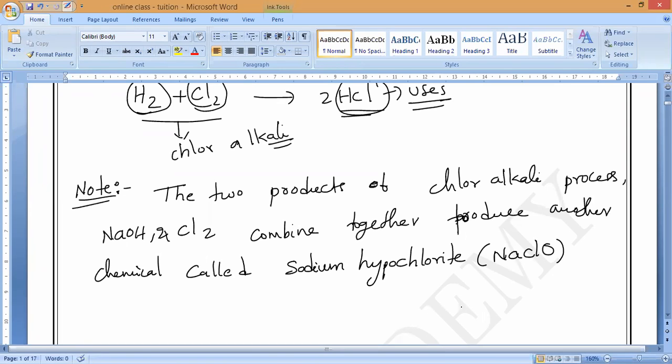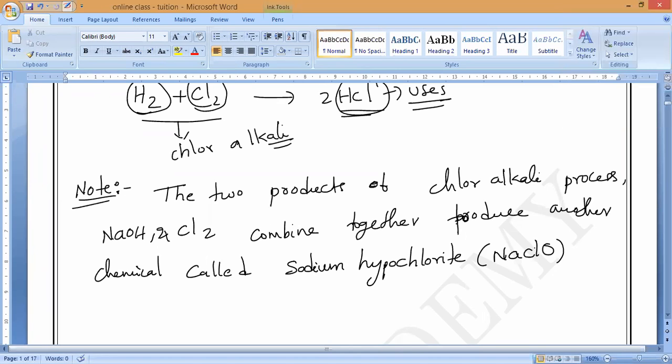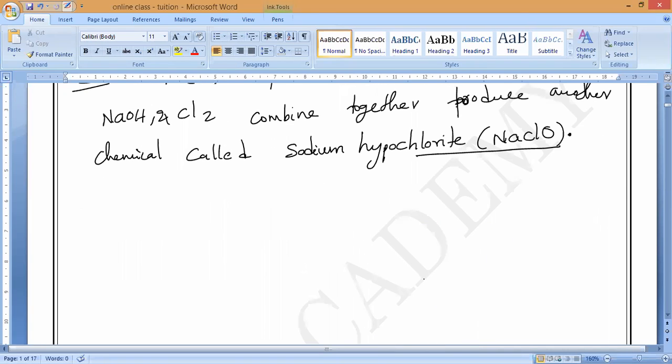Now, what is the use of this one? That is the important thing. This sodium hypochlorite is used as a bleaching agent, which is used in making household bleachers and for bleaching fabrics.